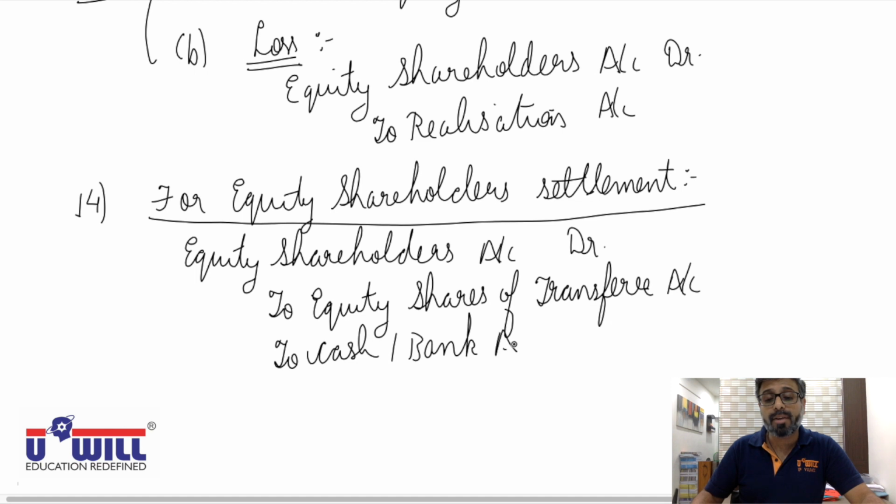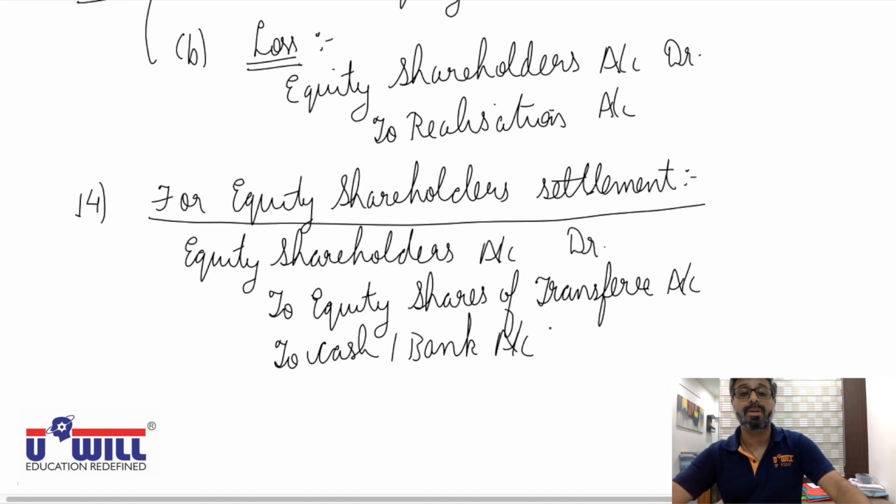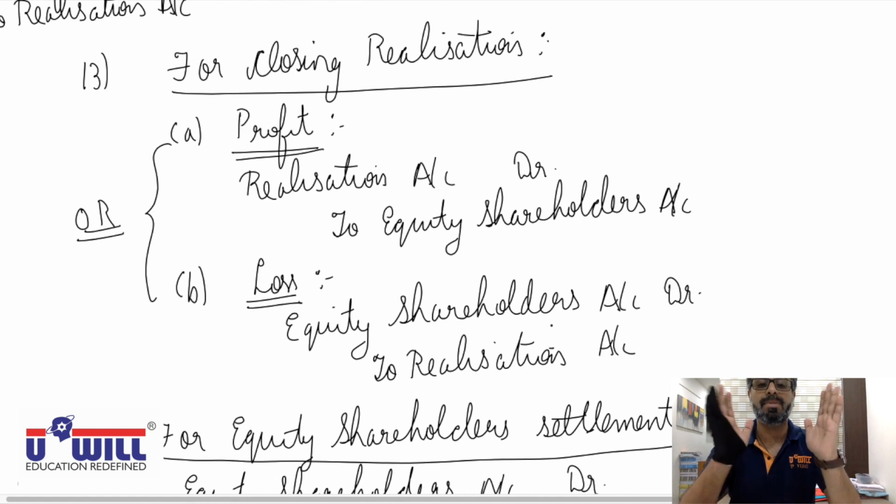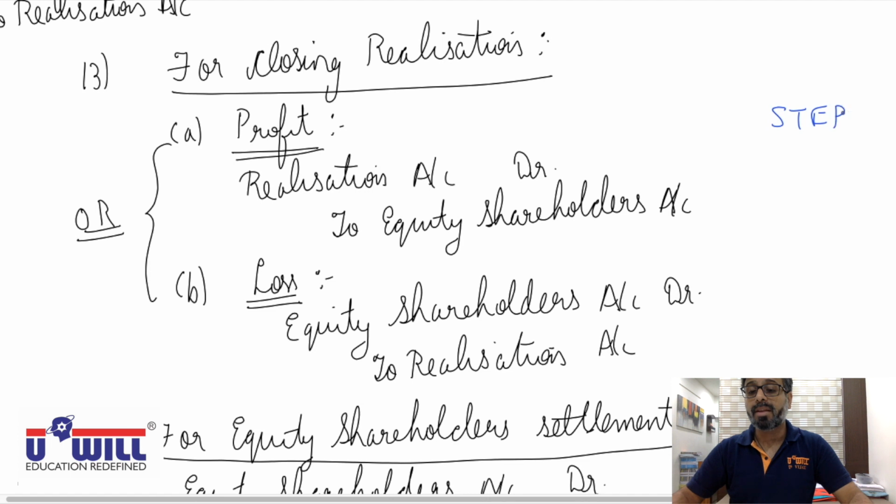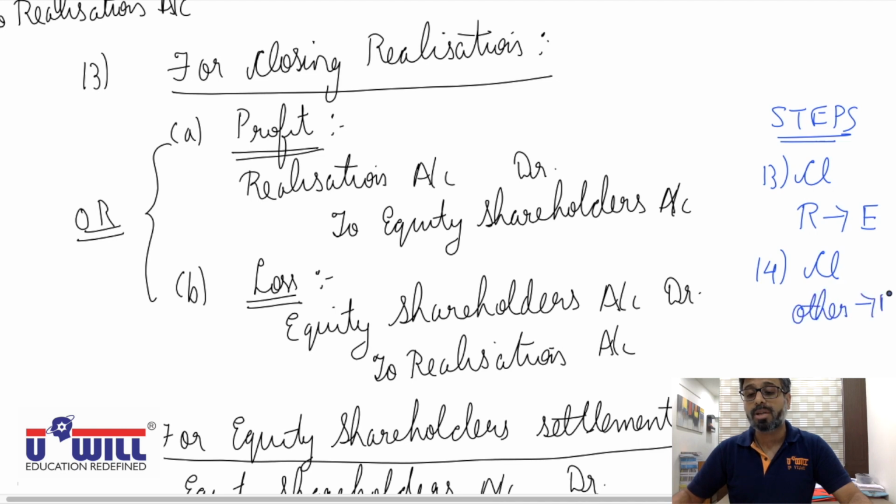Again, this 14th entry also you need not remember. You just remember 13 and 14 as steps. What steps? In the 13th entry, close the realization account, and transfer it to the equity shareholders account. 14th entry, close all other accounts, and transfer to the equity shareholders account.